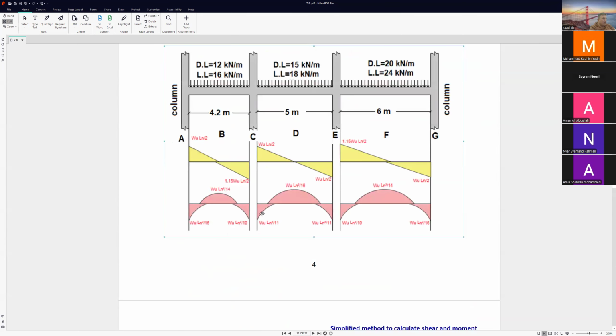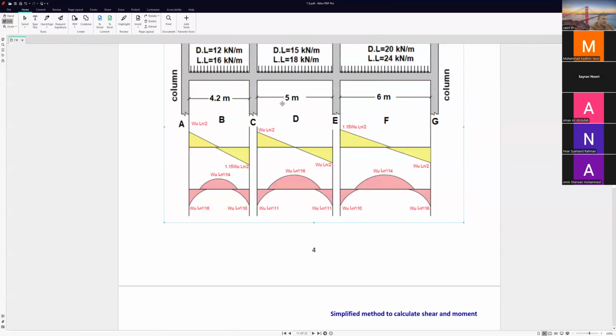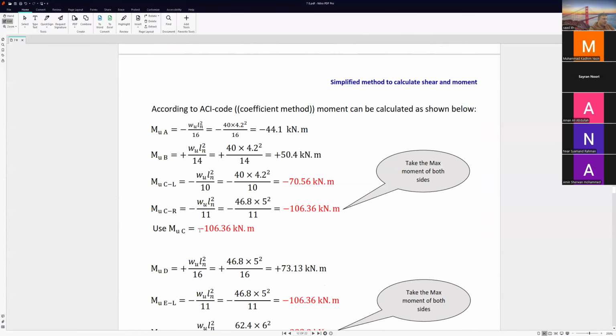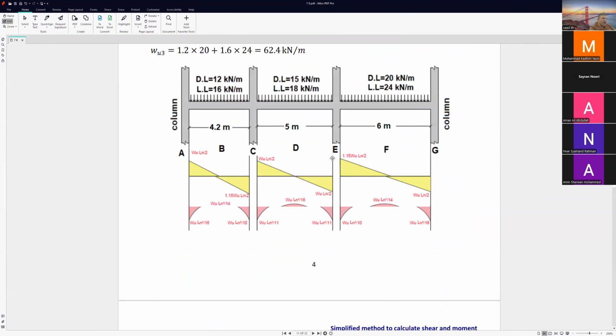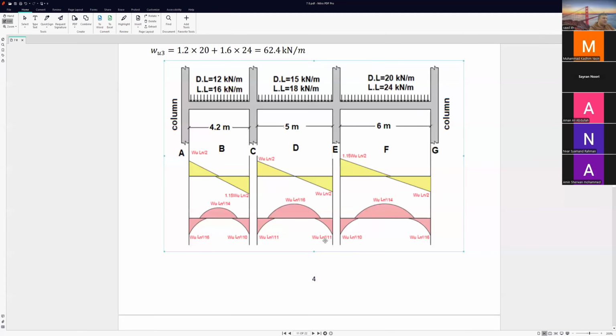Then we go to MU at D. This D is WL squared over 16, and we have 5 here. So we have this positive. We have ME at left. Here it's the same, 11, 10, 5, 6.